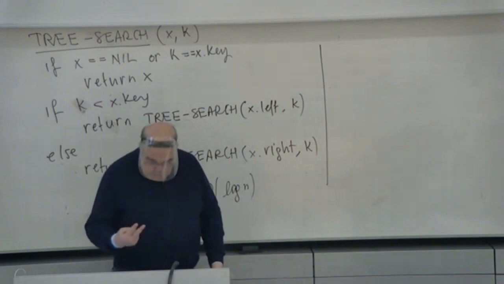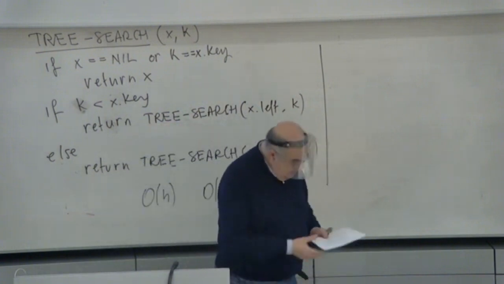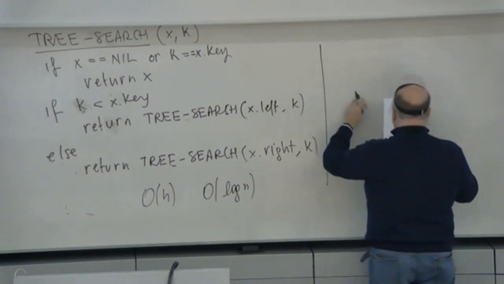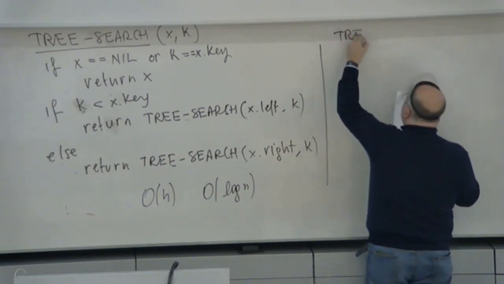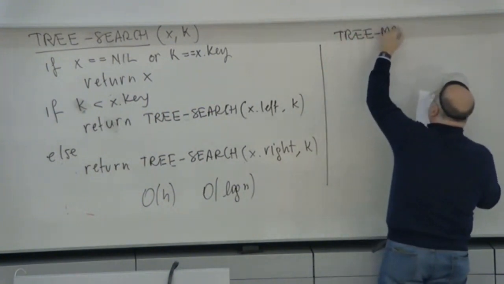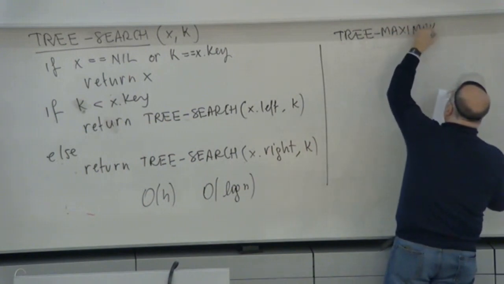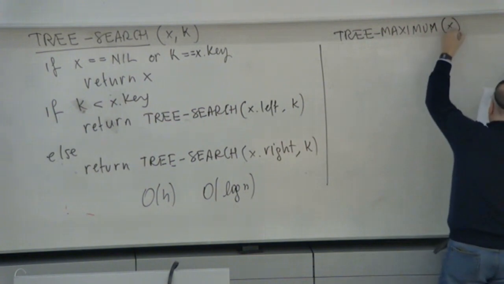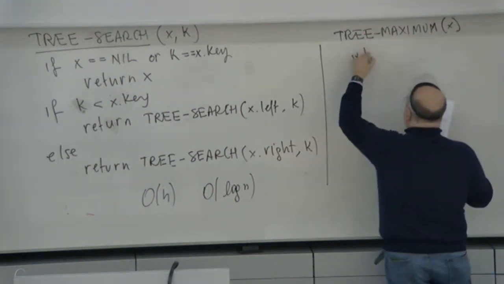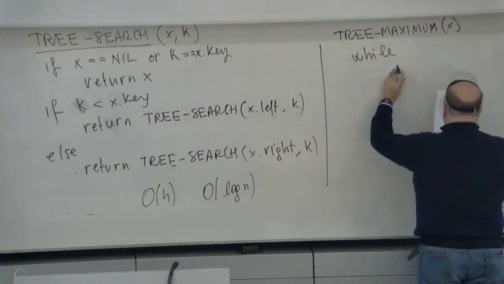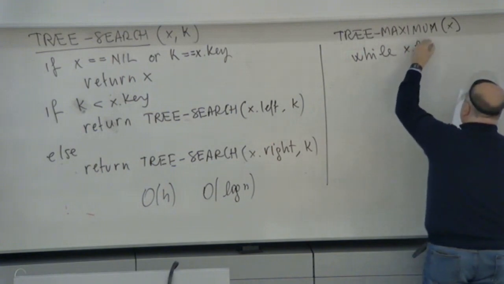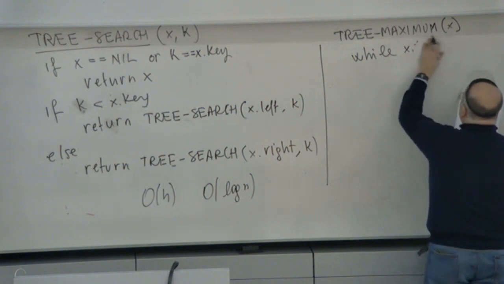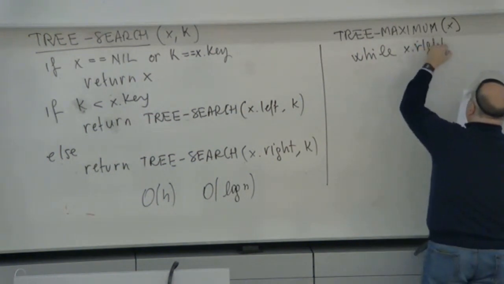So there are, as I said, two easy procedures we can call, and one is tree maximum. Given a node X, we simply go down in the tree. Sorry, this is tree maximum, so it should be X right.